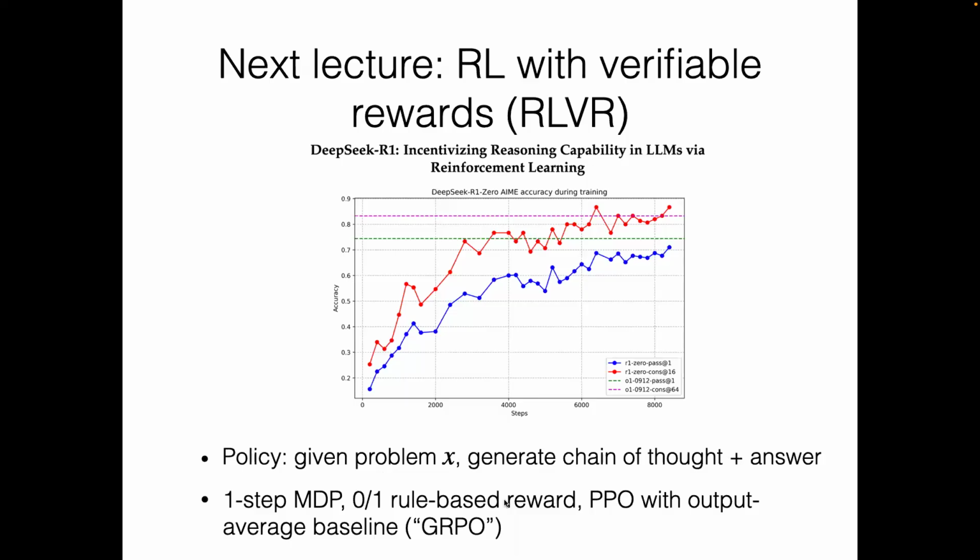And so you can use that as a reward and then do reinforcement learning. You may or may not have heard of DeepSeek R1. It made big news and led to a whole new area of research that people have been looking into recently. So we'll take a look at this in the next lecture.